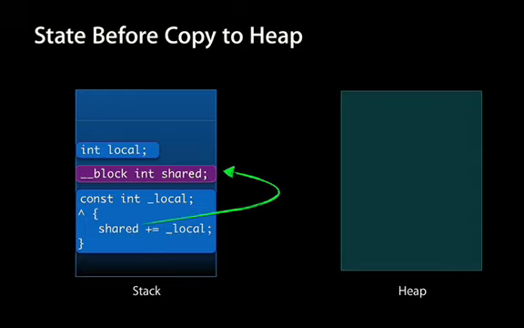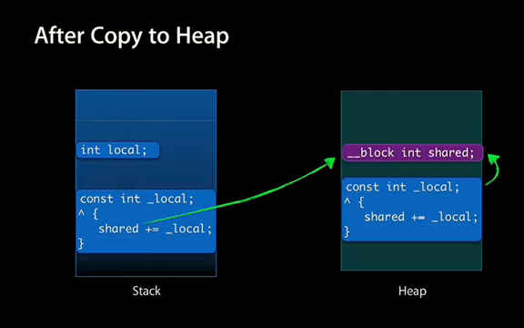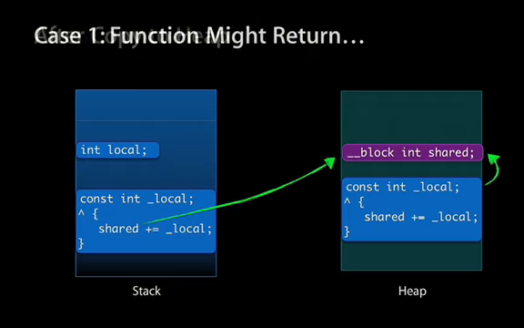shared under block variable. If the block is copied to the heap, what happens is we actually move the under block storage also to the heap. So we've got two cases that are kind of interesting.